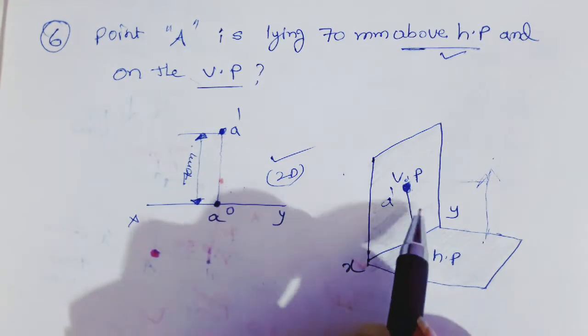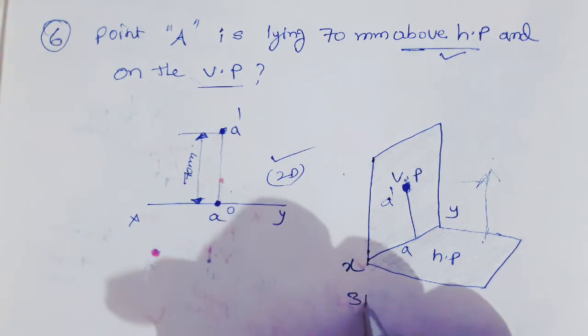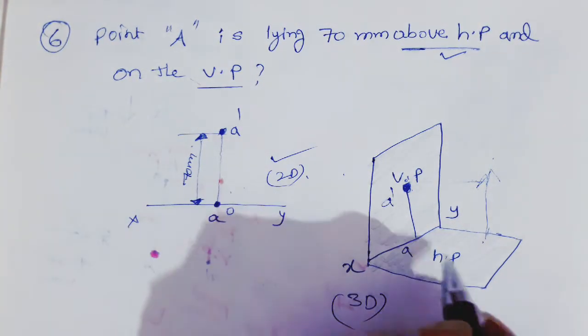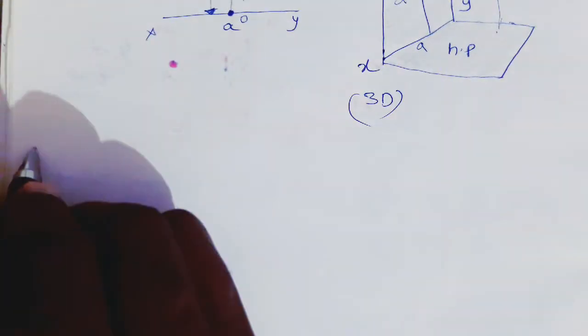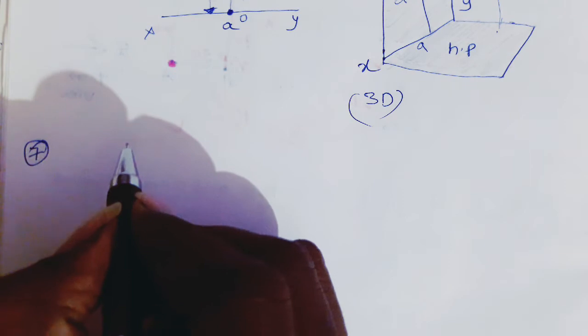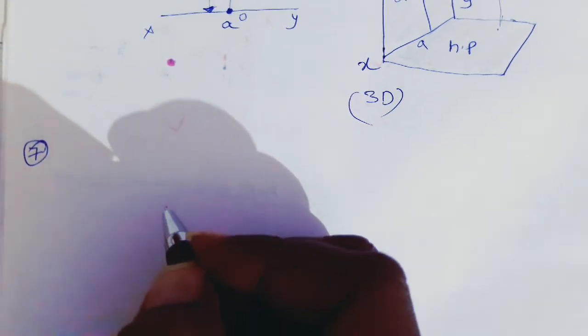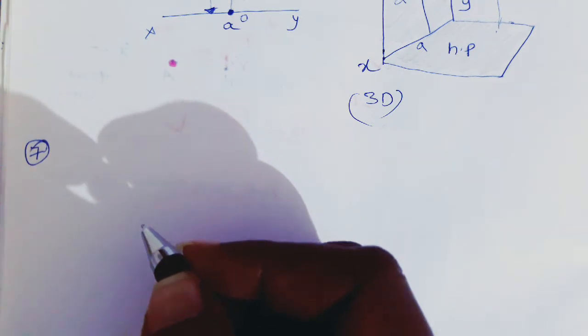This is the 3D representation, this is the 2D representation. Okay. Next, seventh one.